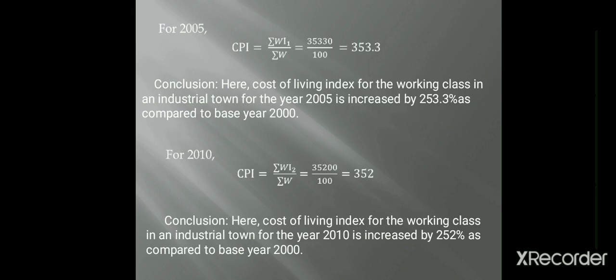Therefore, we write the conclusion that cost of living index for the working class in an industrial town for the year 2005 is increased by 253.3% as compared to base year 2000.